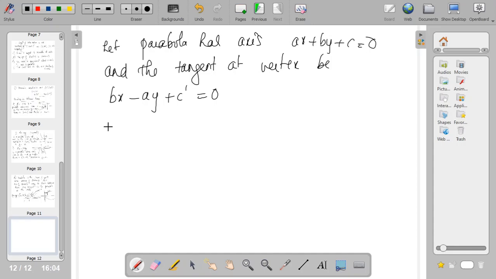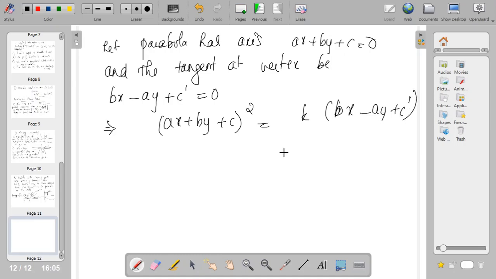So we will get ax plus by plus c whole square equal to k times bx minus ay plus c dash.